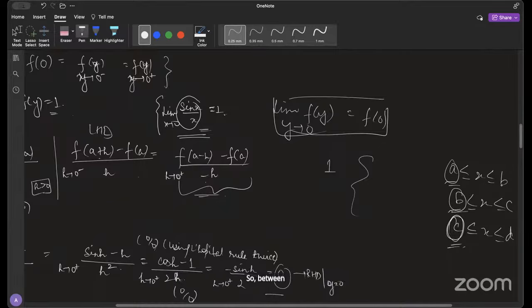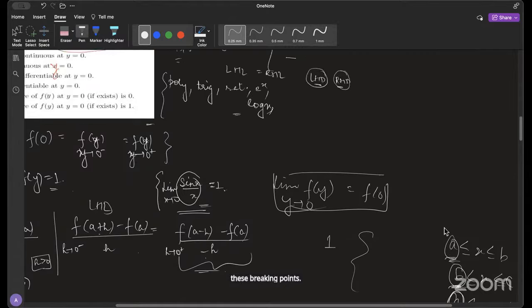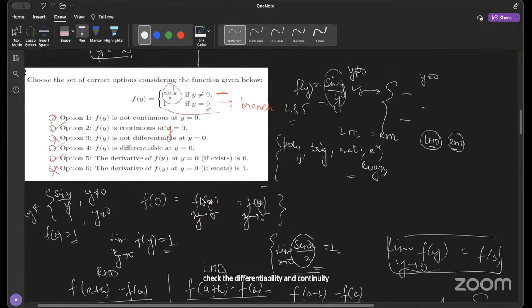So between A and B, it's continuous because the functions that you're generally given are polynomial or rational functions, those functions are continuous only. You don't have to check for them. Trigonometric functions are also continuous. So you should only be worried about these breaking points. Check the differentiability and continuity at these points.